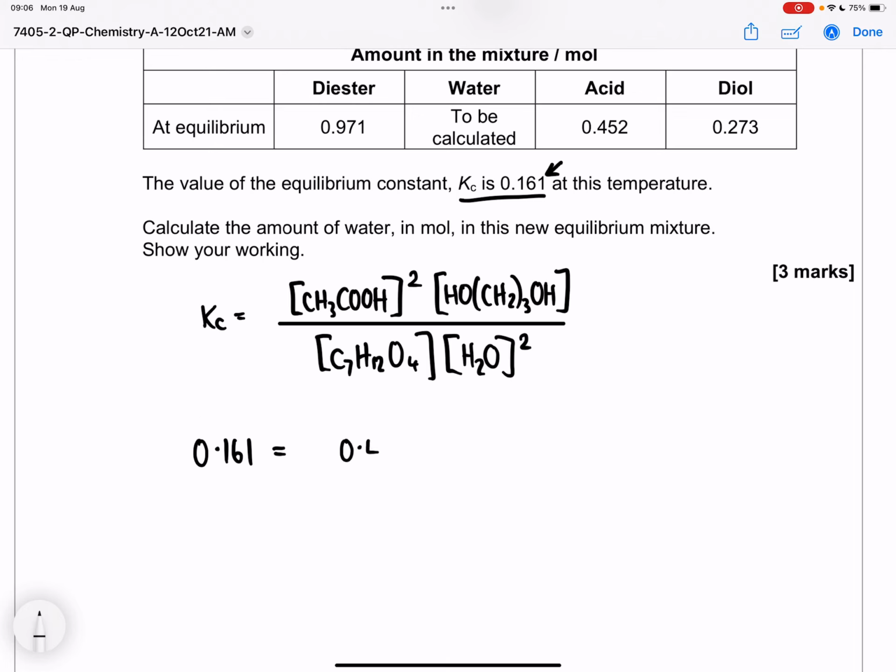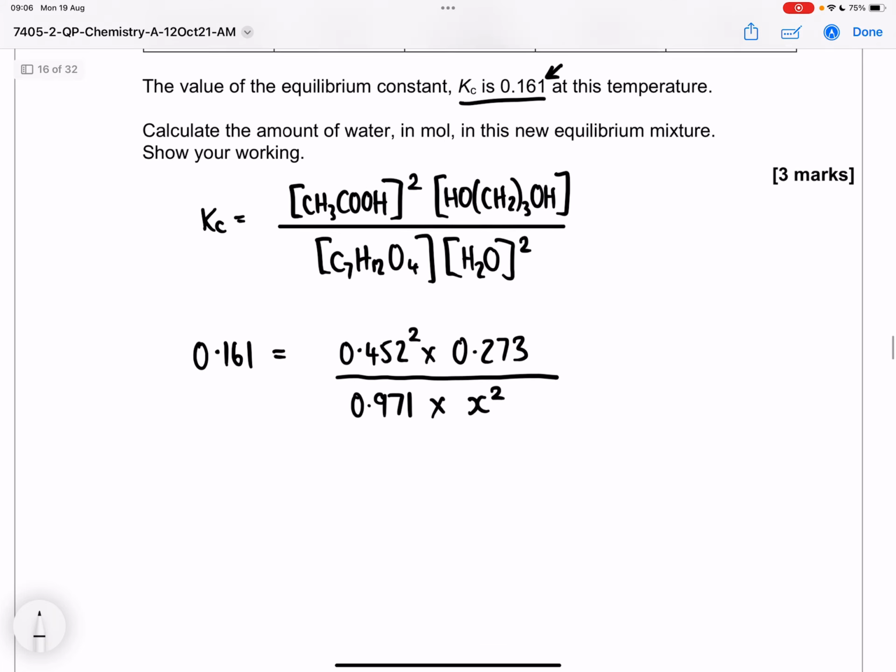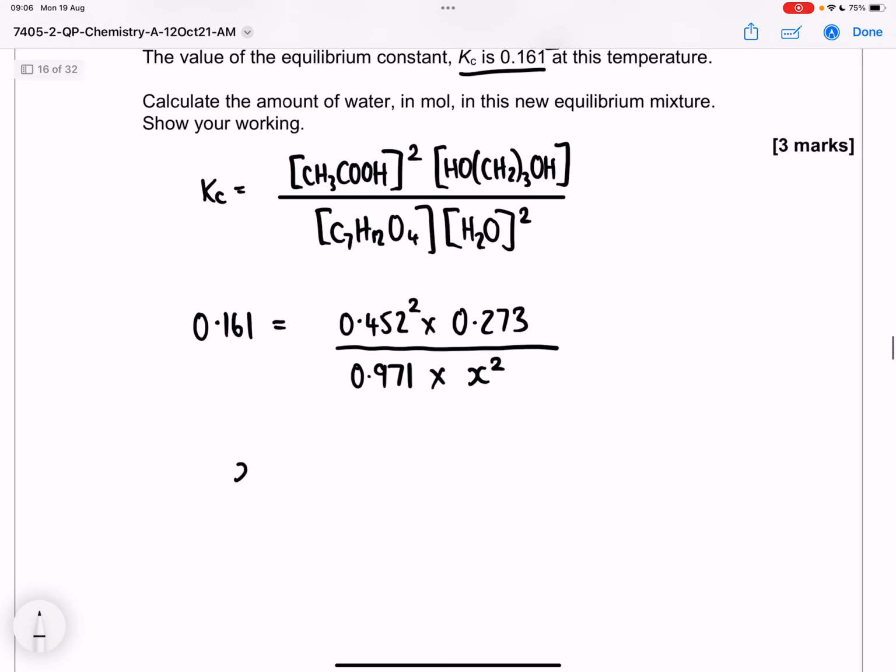So we've got 0.452 times 0.273 divided by 0.971 times the thing we need squared. Okay, so I'm going to rearrange and say x squared. So I'm going to times both sides by x squared.